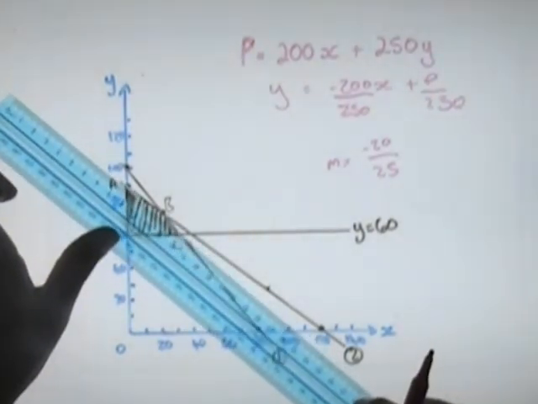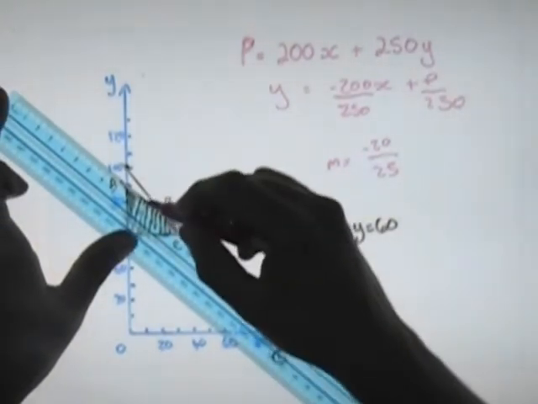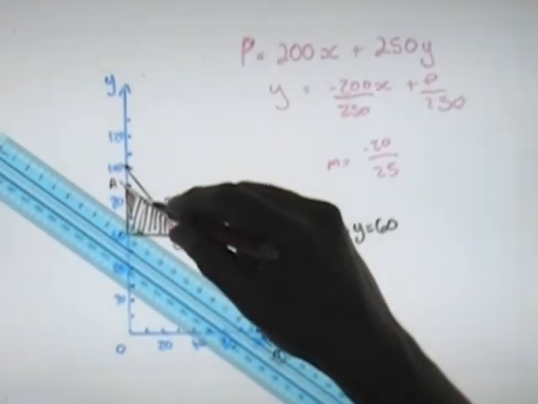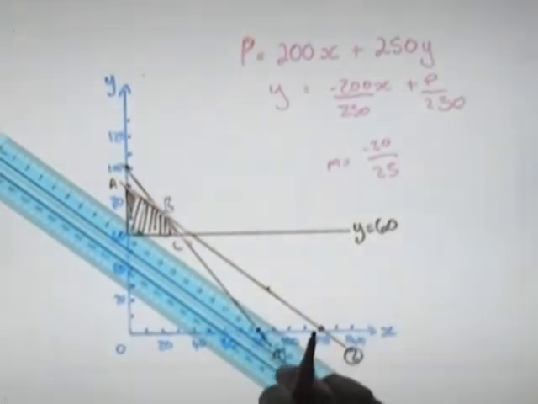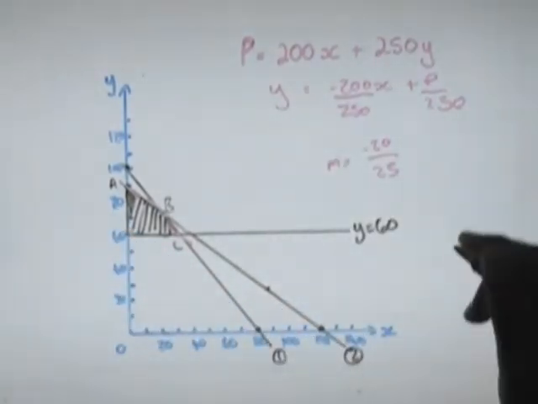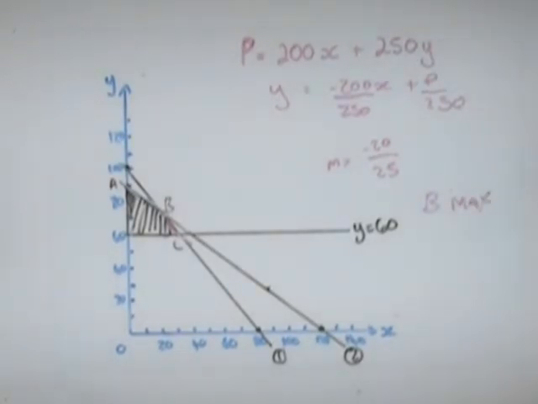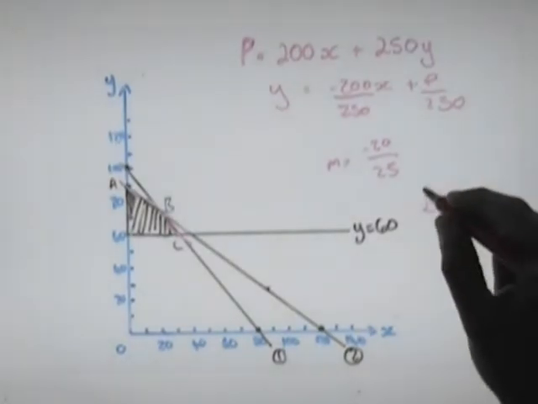But if I keep that gradient constant, hopefully keeping my hand steady, notice when I get to that point, my search line will touch point B, but it won't go into the feasible region. That means that point B is my maximum point, or my maximum profit function.